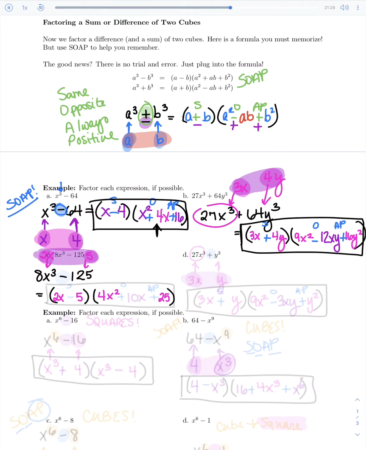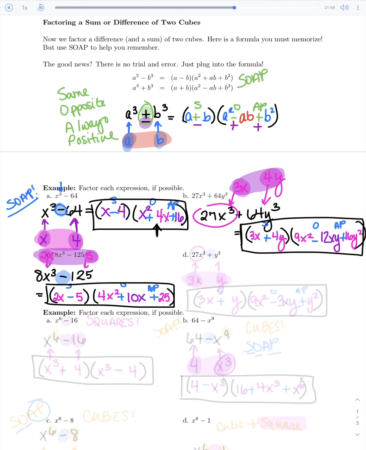The 2x times 5 actually gets me 10x. Then I can do my SOAP to figure out what all my signs are. Well, I had a minus, so SOAP says start out with the same, another minus. Then an opposite, which is a plus, and AP is always positive, so last one's always a plus, and that's it. That is my final factored answer.